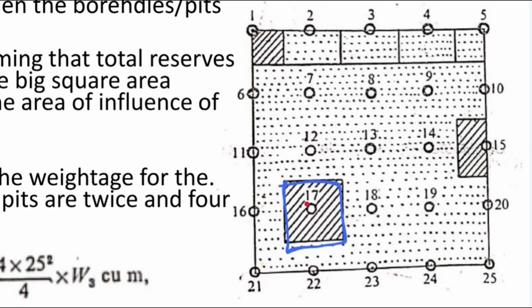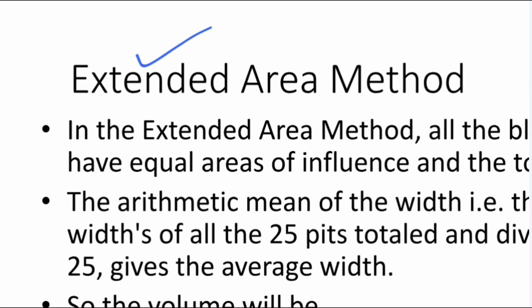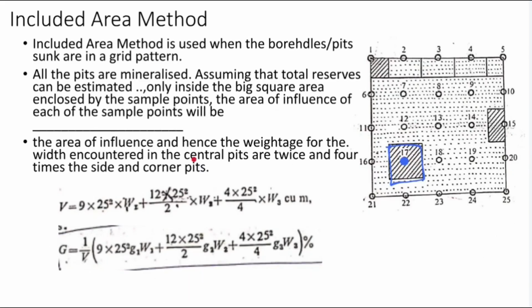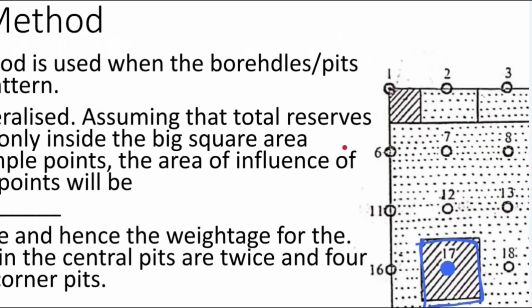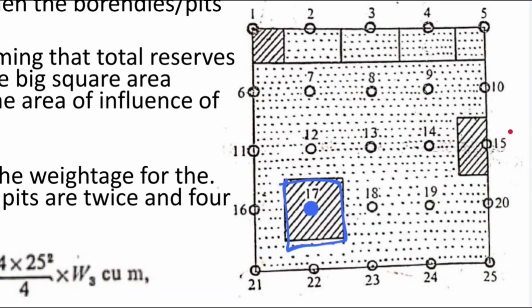But in the case of the extended area, the grade is always surrounding the hole. Grade is always surrounding the hole, but the area calculation, the influence of area, is different in the included and extended area method. So for borehole 1, the area of influence is only this.